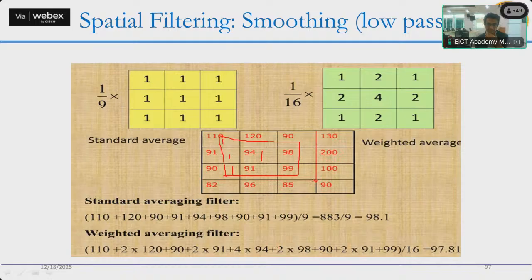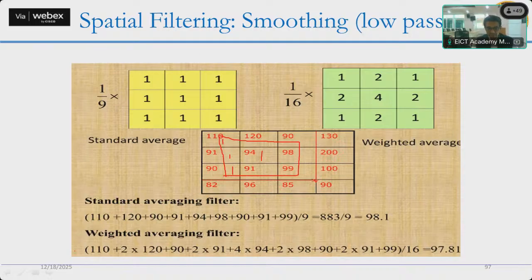That's how we are getting this value. The weighted average can also be called a Gaussian filter. Yes, the Gaussian filter. The standard one is the standard average. For the weighted average, you are multiplying by the weights and so on, then you will get this value.